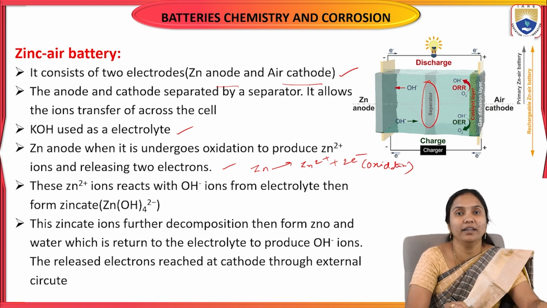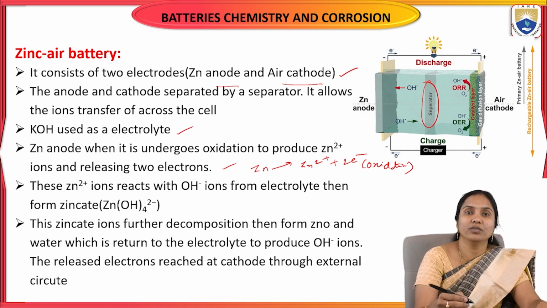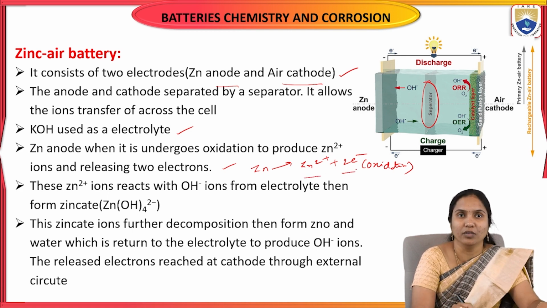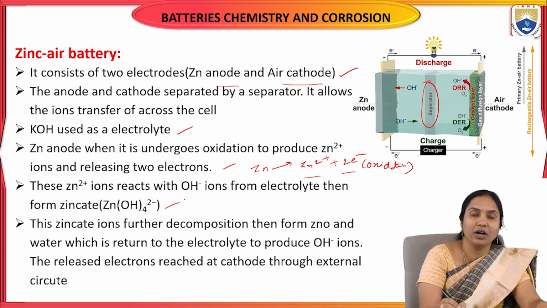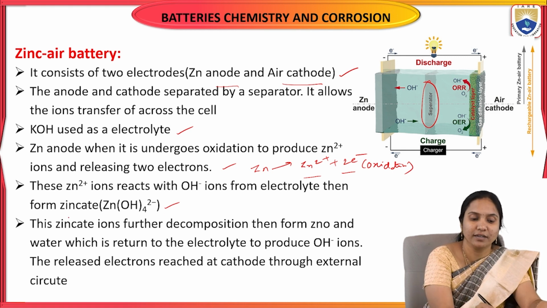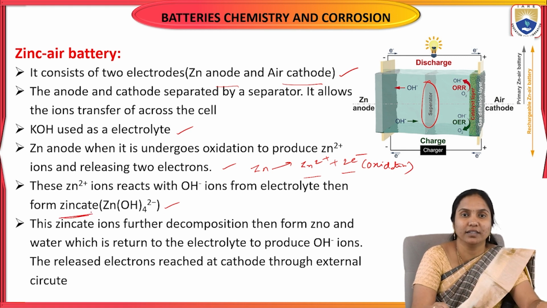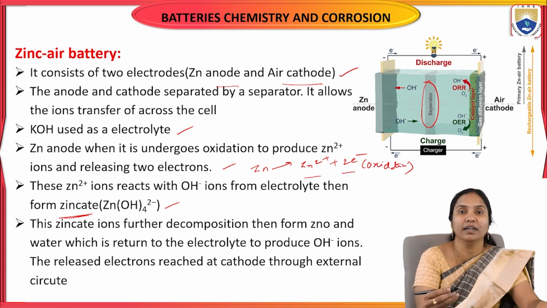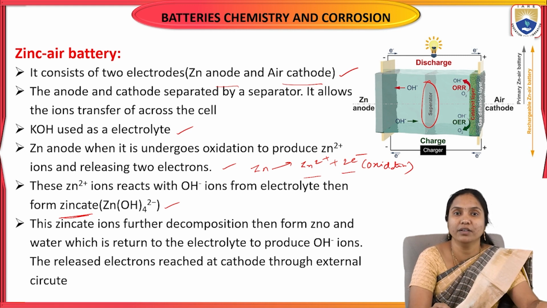These zinc 2+ ions react with OH minus ions from the electrolyte, since KOH is used as electrolyte, and then form zincate. First zinc undergoes oxidation, giving zinc metal ions and loss of electrons.